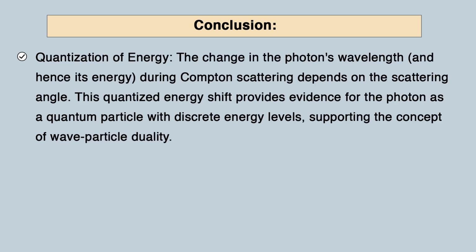Second point is quantization of energy. The change in the photon's wavelength during Compton scattering depends on the scattering angle. This quantized energy shift provides evidence for the photon as a quantum particle with discrete energy levels, supporting the concept of wave-particle duality.